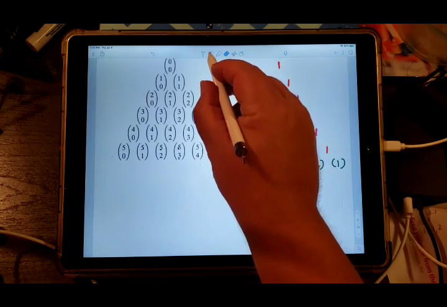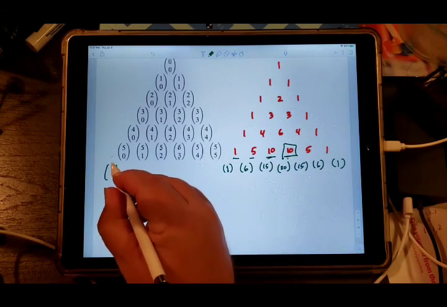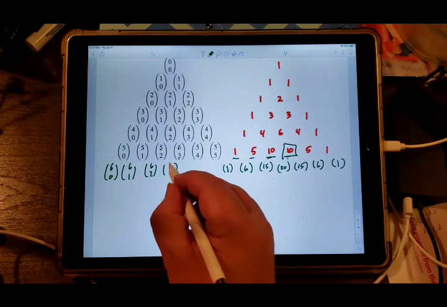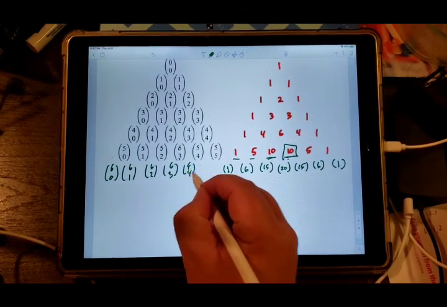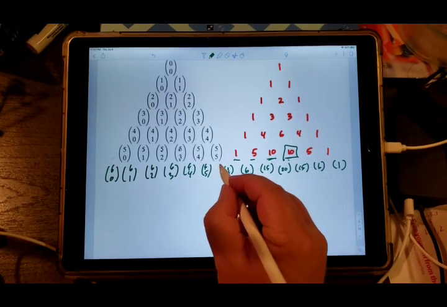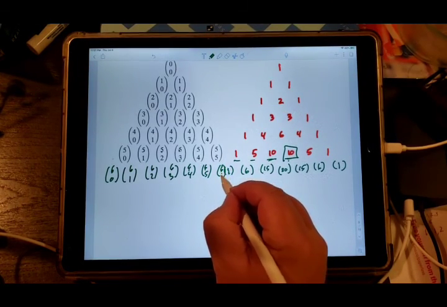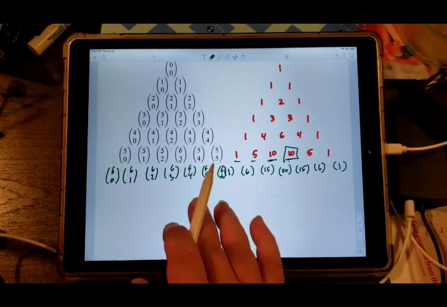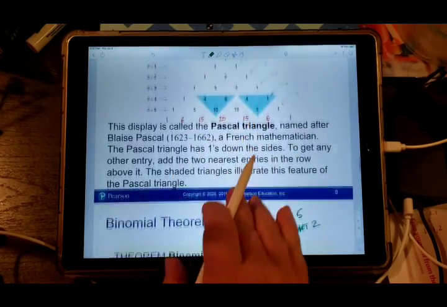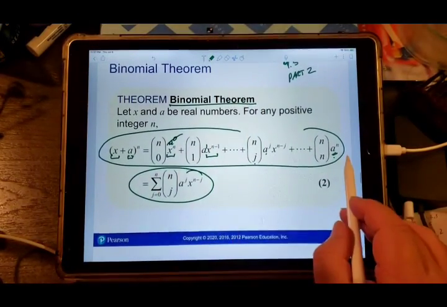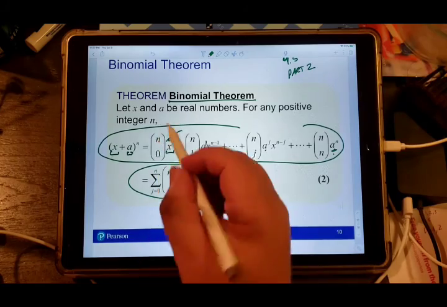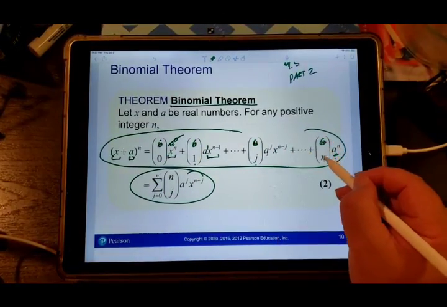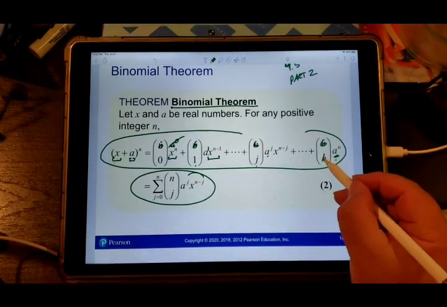If I were to add a row to this, it would be 6, 0, 6, 1, 2, 3, 4, 5, and 6. These are part of the binomial theorem. They're 6c0, 6c1, 2, then it would end with 6c6.